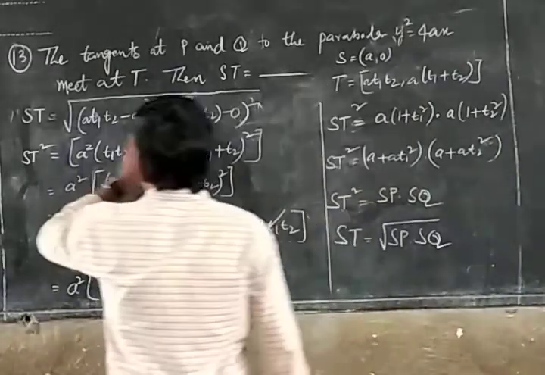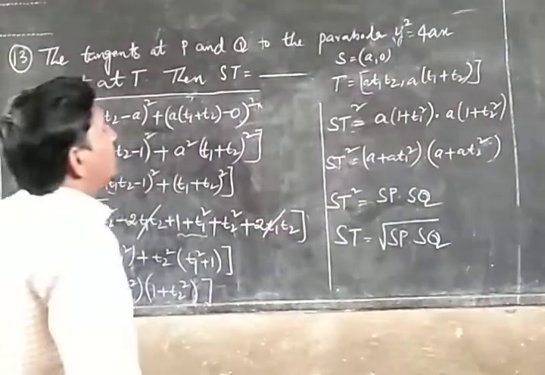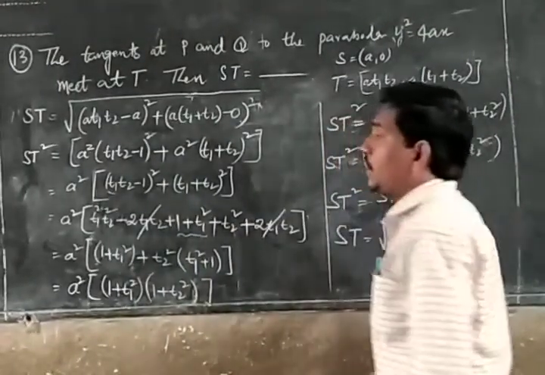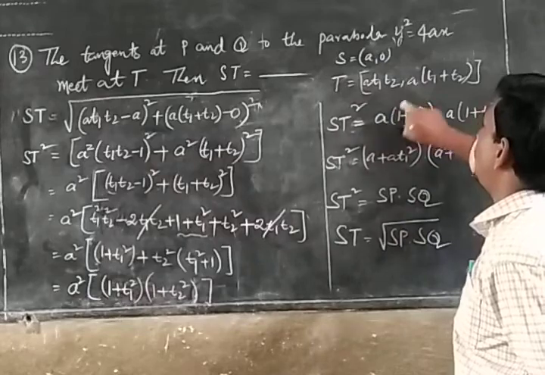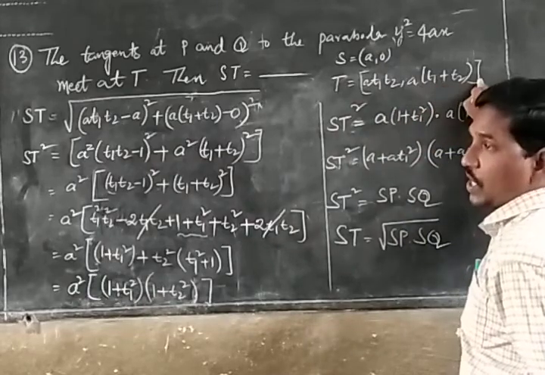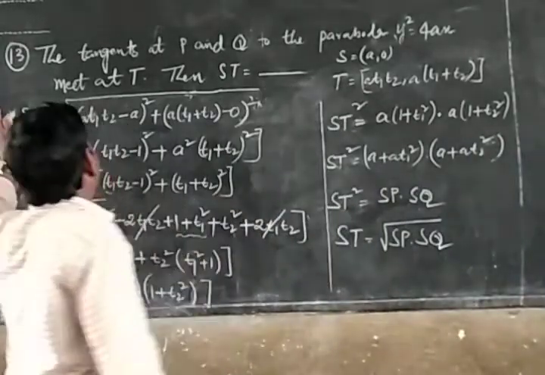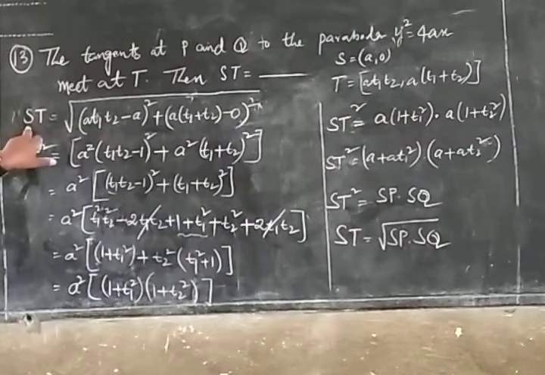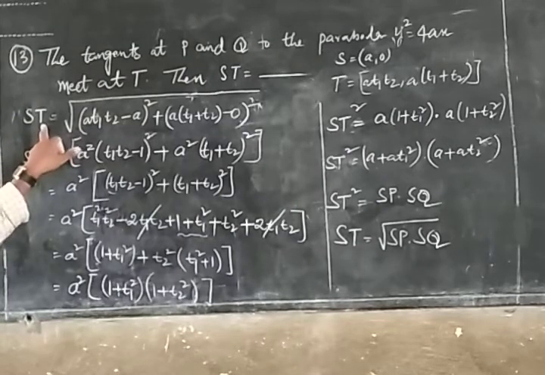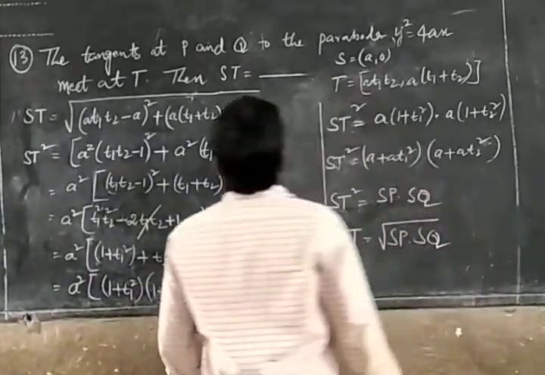The point of intersection of two tangents, T(x, y), equals a t1 t2 comma a(t1 plus t2). After the simplification, now we have to calculate ST. ST means the distance between S and T. S means focus of the parabola. T means the point of intersection of the two tangents PT and QT.